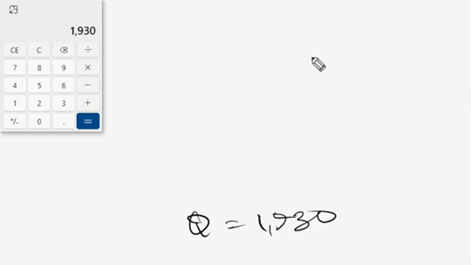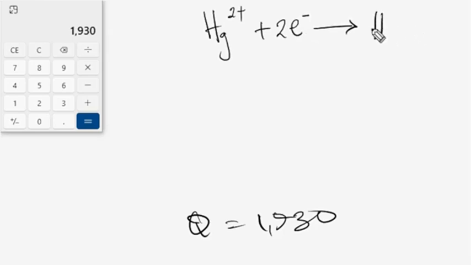But then for the mercury ion, if I have mercury here, it's a divalent ion, therefore I'll have 2E here to discharge it to mercury.